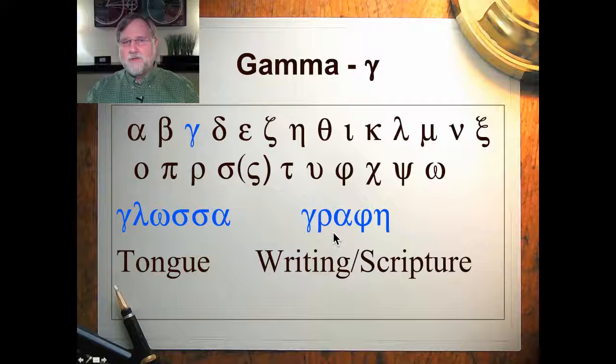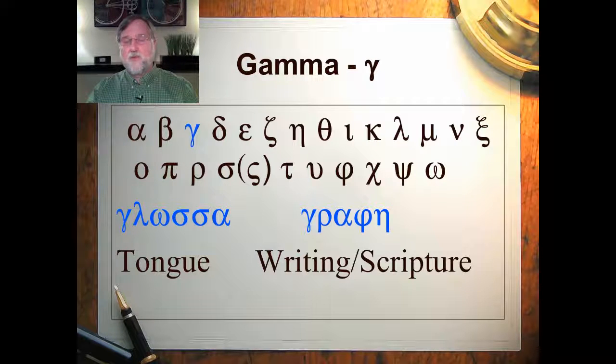Second word I want you to be learning is graphe, and that means writings or scriptures. So when Paul talks about the scriptures, when the New Testament writers talk about the scriptures, this is the word they're using. So it can mean just physically writing on a paper, but in a religious context, it actually refers to the Old Testament.